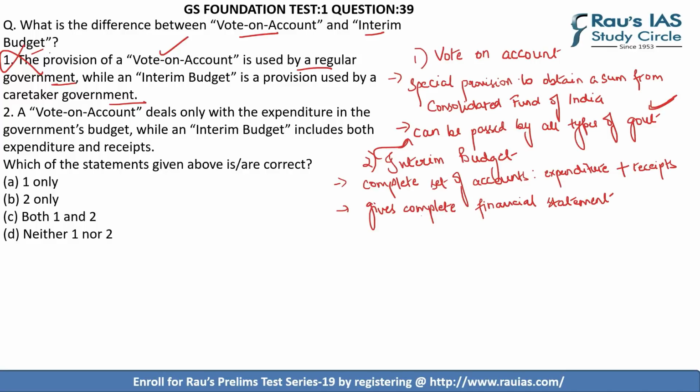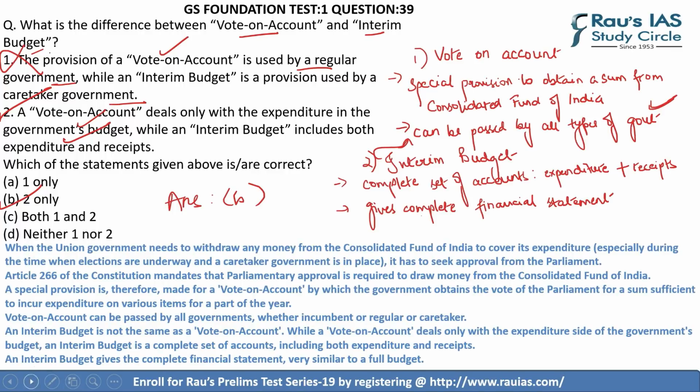Moving to the second statement, it says that a vote on account deals only with the expenditure in the government's budget, while an interim budget includes both expenditure and receipts. We know that this statement is correct because we just discussed it. Hence, the final answer would be option B, that is 2 only. Please also refer to the explanations.